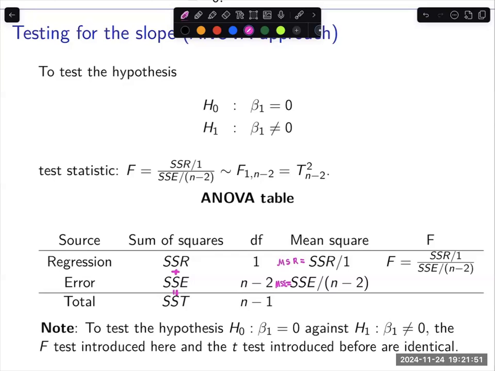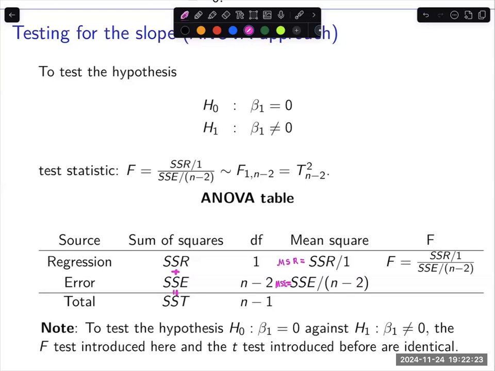The first is the mean square regression, and the second is the mean square error. From the hypothesis testing we have previously learned, if we have two chi-square distributions standardized by their corresponding degrees of freedom and take the ratio of the two, they must follow the F distribution. If this F value is large, that means SSR has a significantly larger ratio compared with SSE after accounting for the degrees of freedom.